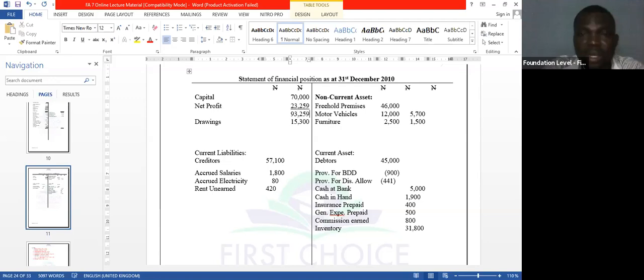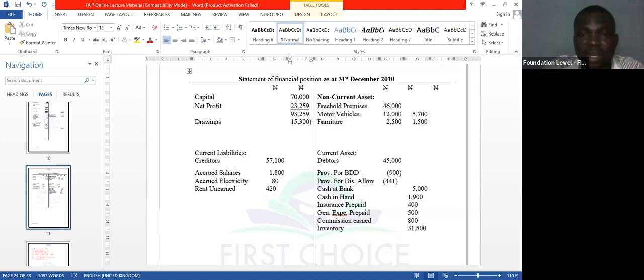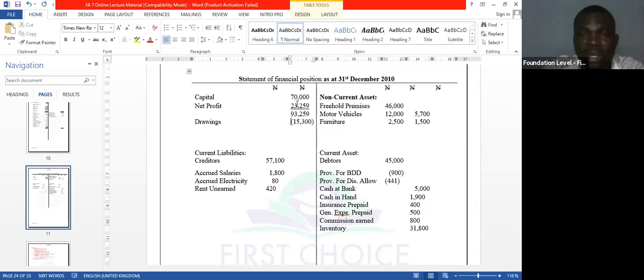Now, this is drawings. We are going to use it to reduce our total equity. If we reduce these, it will give us a total of 17,959. That's the total equity.